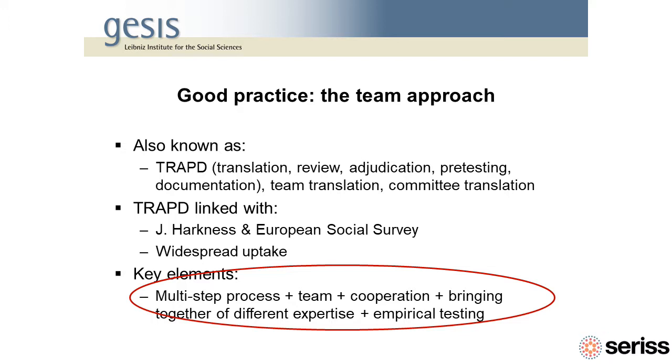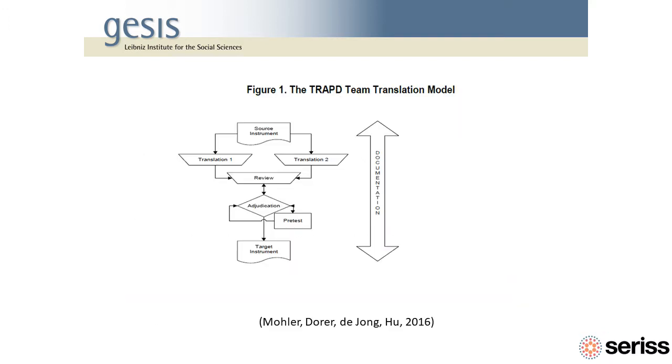It is very important that there are different experts from different fields brought to this model. And finally, another key element is that it is not just the, I would say, subjective translation, but also some empirical testing among the target population. So this is, in short, the key elements of TRAPD, or the team approach.